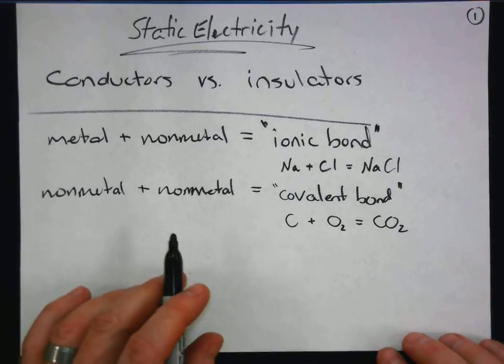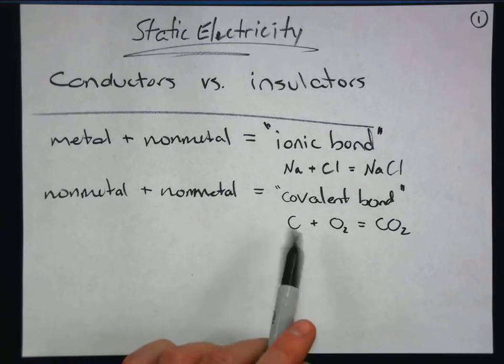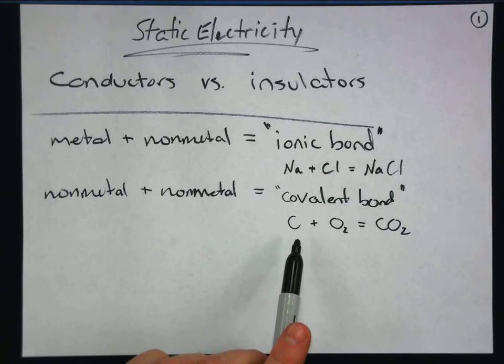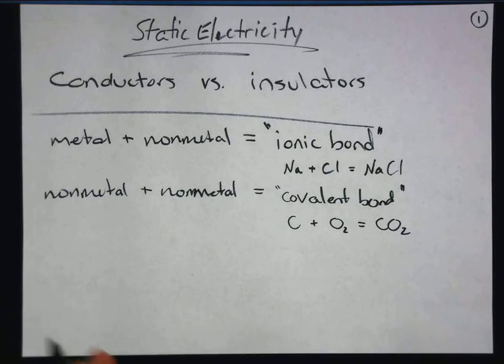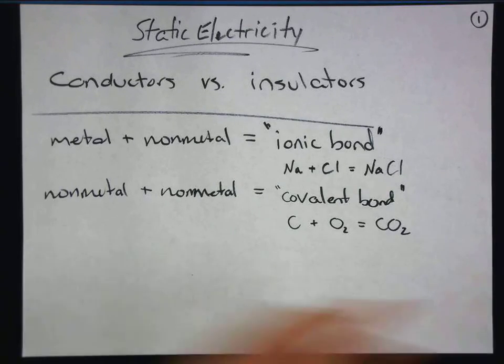Or even pure carbon. Pure carbon in a three-dimensional crystalline structure like diamond is an extremely poor conductor. All those carbon atoms bonded to each other in that way. So poor conductors all around with these two types of bonds.